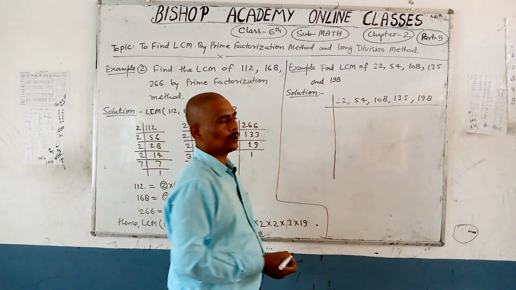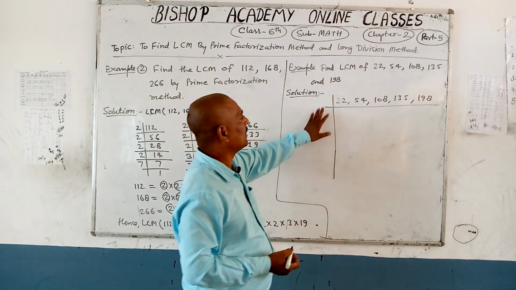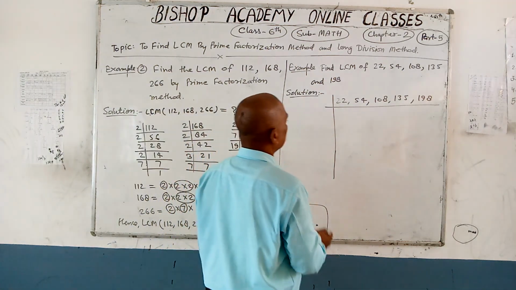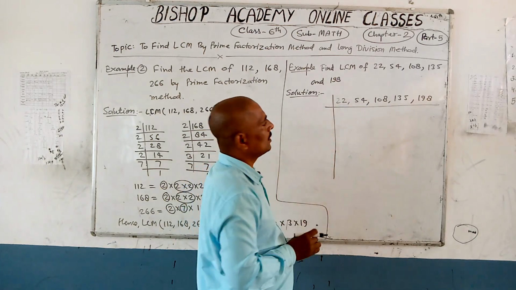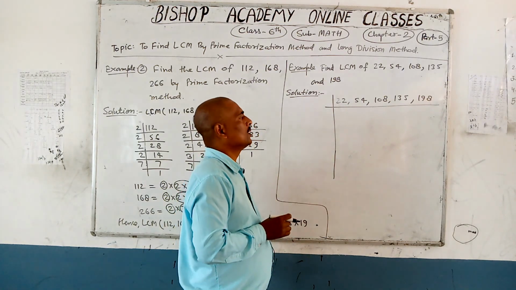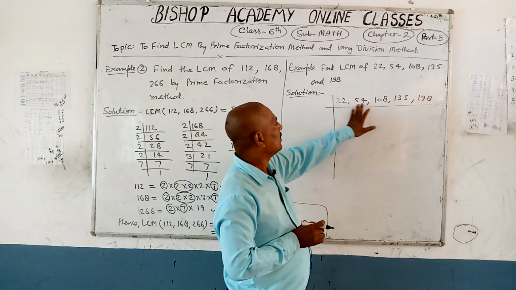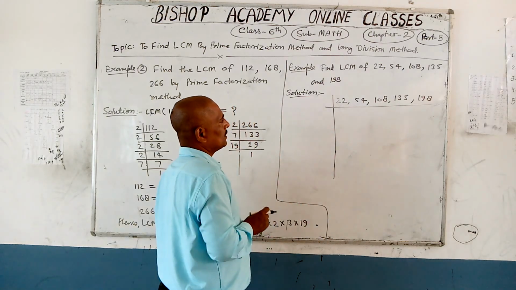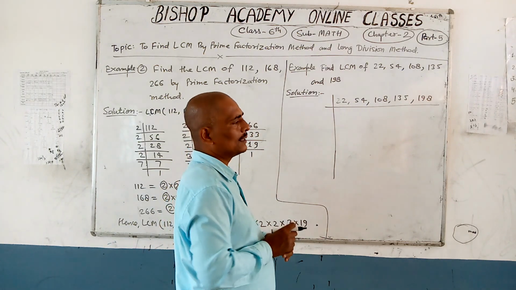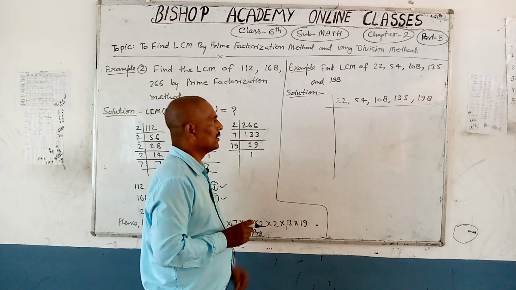So this is the process to find LCM by long division method. Take these numbers and select the common prime factors which can divide almost all numbers here. We will start with the smallest prime number.